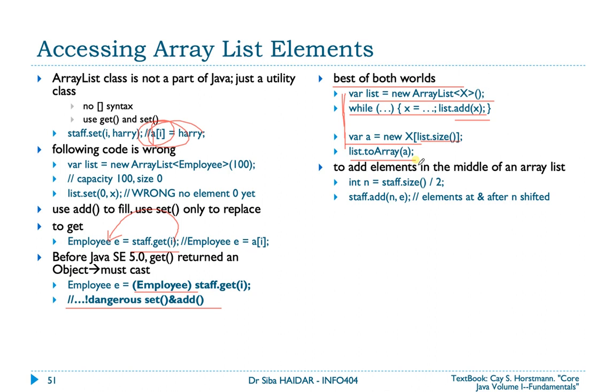We will look at this in the documentation. We said list.toArray, and we passed our declared array as a parameter. So we gave our declared array to the list.toArray method in order to copy the elements inside this array. So let's see if this will work.